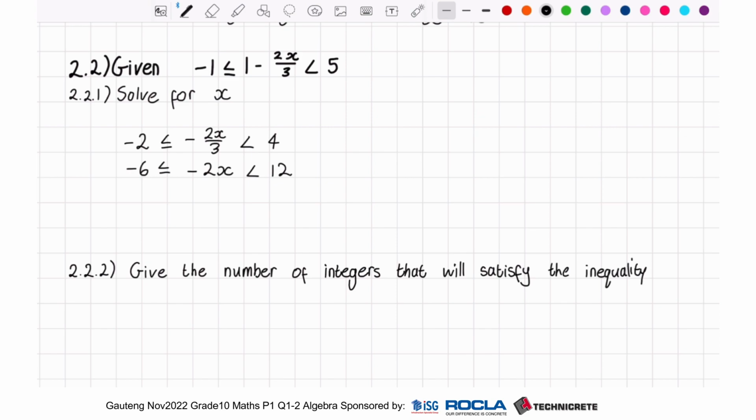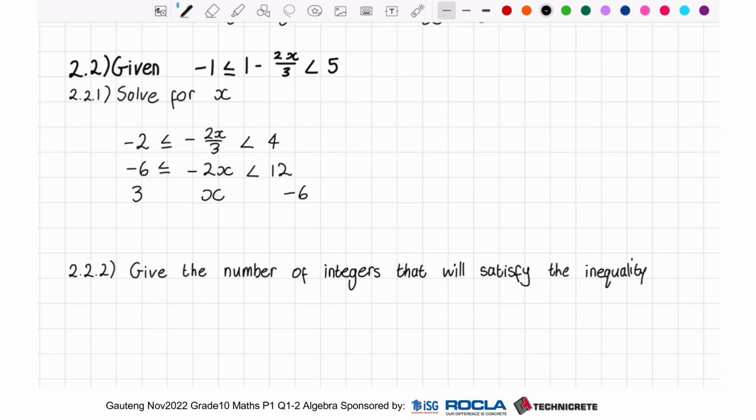And now I want to get x on its own, so I can divide the middle bit by minus 2, which means I'm dividing this side by minus 2, and I'm dividing this side by minus 2. So minus 6 divided by minus 2 is 3, and in the middle I'm just going to be left with x. And then on the right-hand side I've got 12 divided by minus 2, which is minus 6.